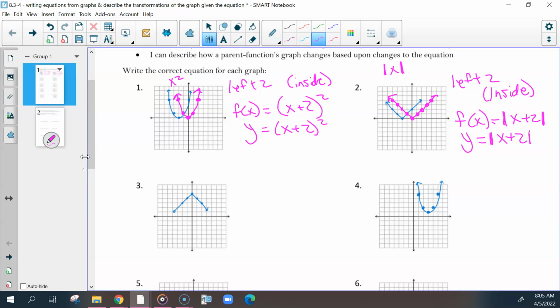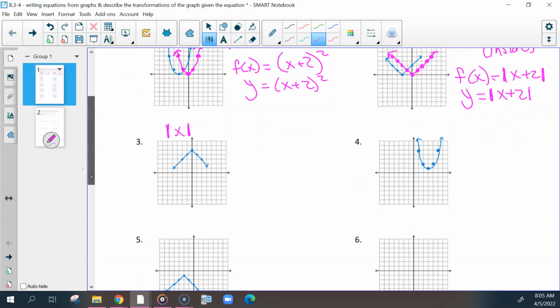For number 3, what type of function is this? Quadratic or absolute value? Absolute value. And think about the parent function. You can look back at this one if you need to. What changed?